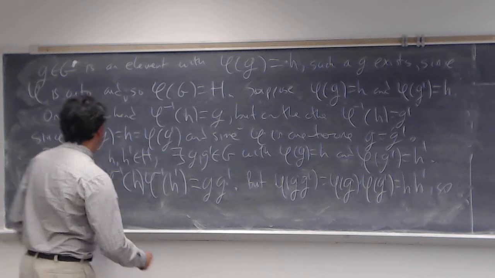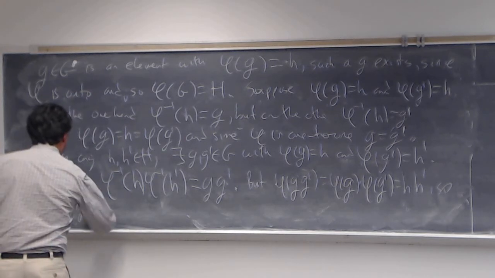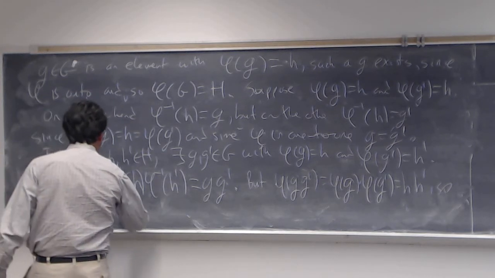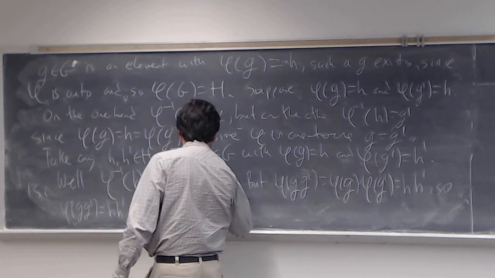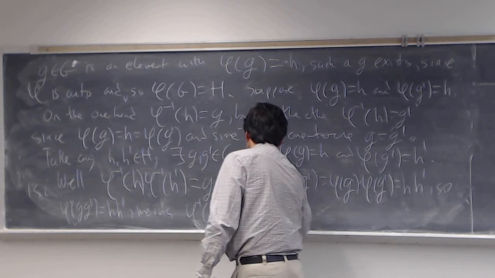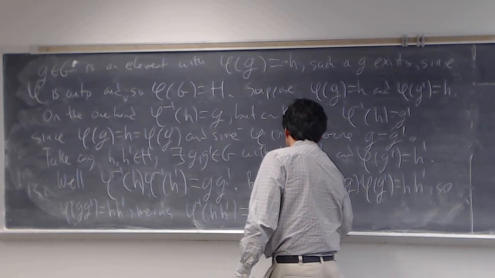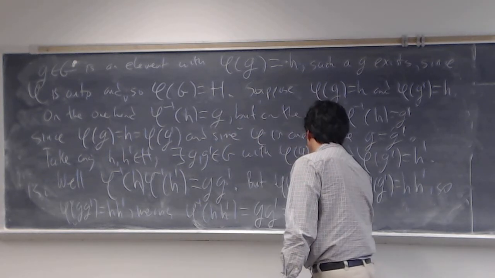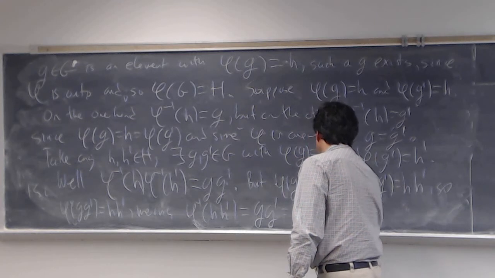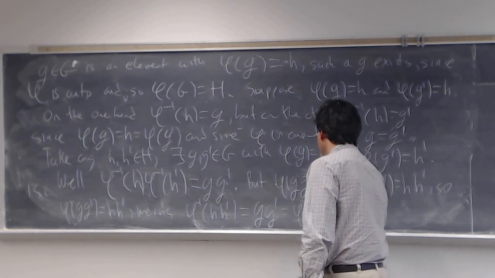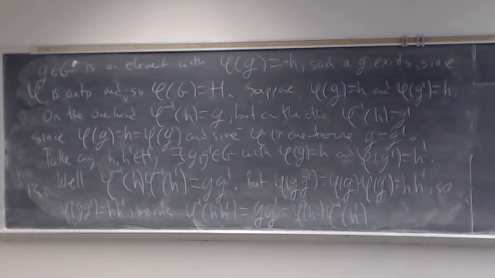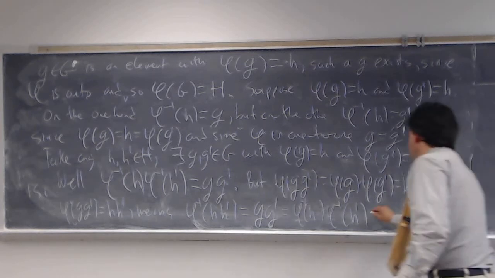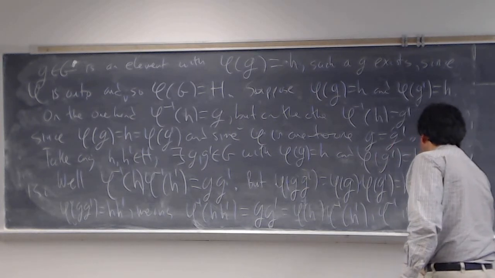This means phi of g g prime equal h h prime means exactly that phi inverse of h h prime is g g prime, which we've just shown is equal to phi inverse of h times phi inverse of h prime. And so phi inverse is a homomorphism.